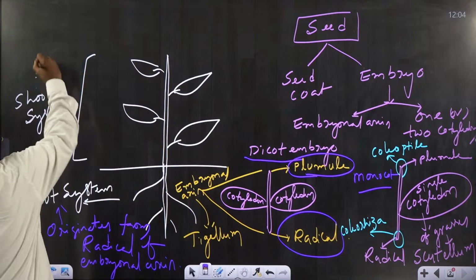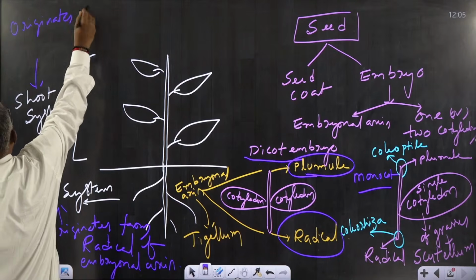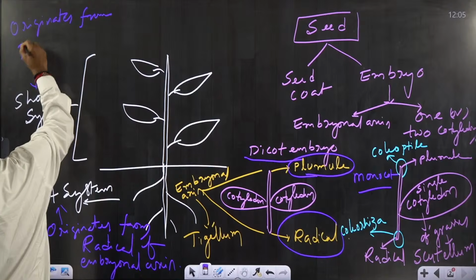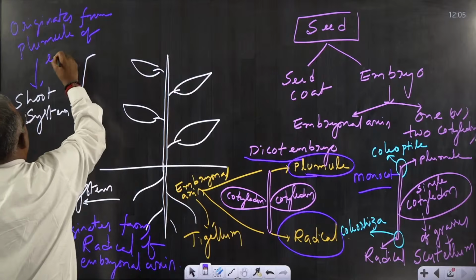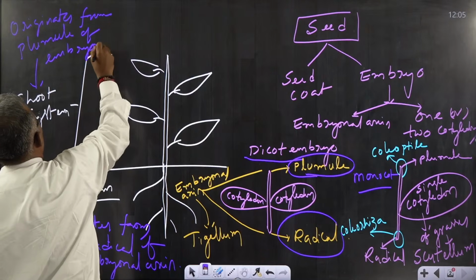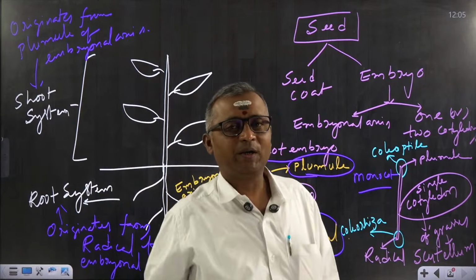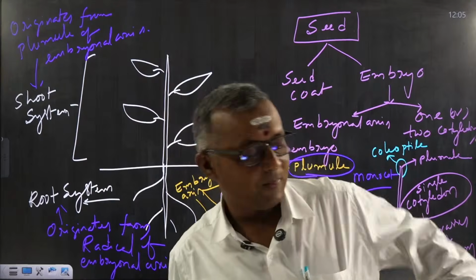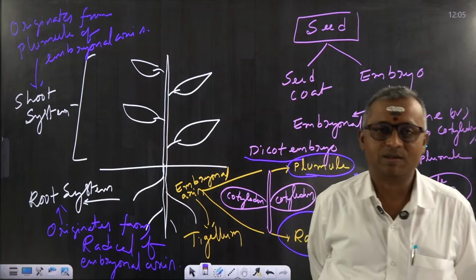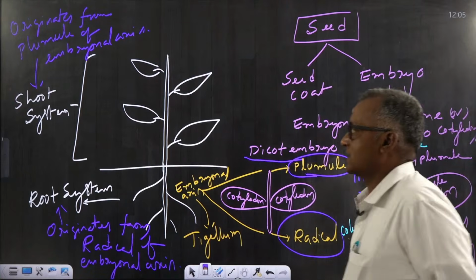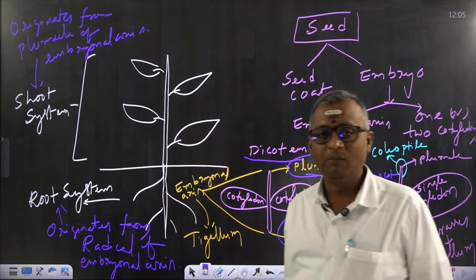Whereas shoot system originates from the plumule of embryonal axis. So what is shoot system? Simply to say, it is the aerial system. The aerial system is called shoot system and the underground system is root system. So shoot system originates from plumule, root system originates from radicle.